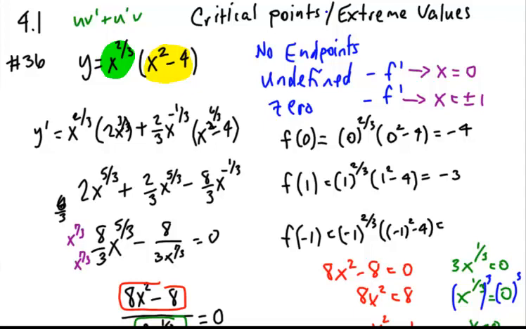And remember, 2/3 is you're squaring and cube rooting. So if we square and then cube root a negative 1, it's just going to be 1. And then a negative 1 squared is a positive 1. So this guy again will also give us negative 3. So my extreme values occur at 0, negative 4. I have an extreme value at 1, negative 3. And I have an extreme value at negative 1, negative 3.